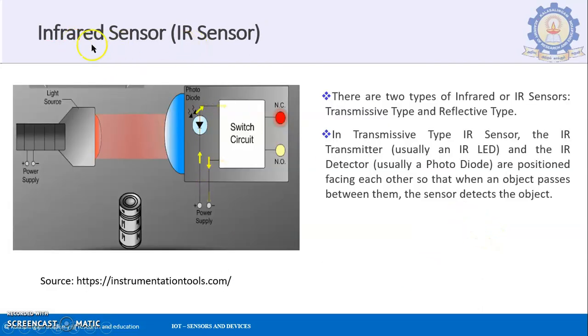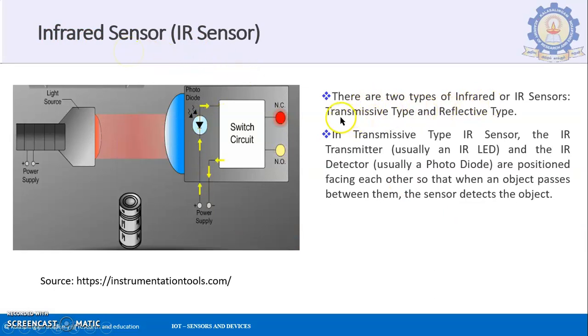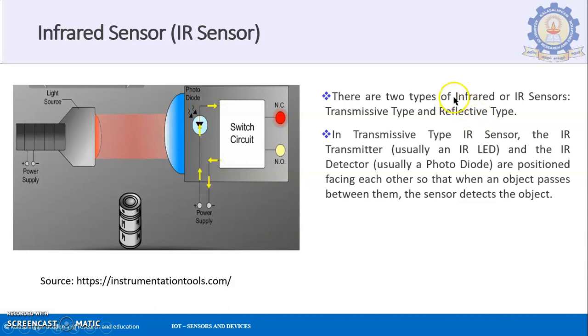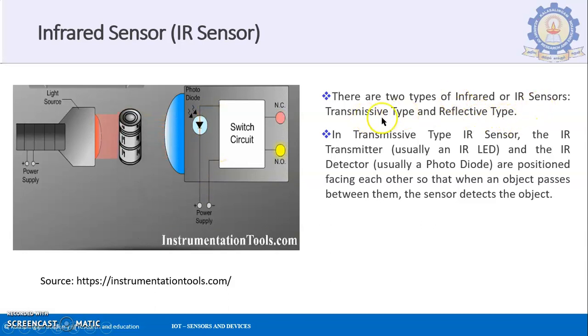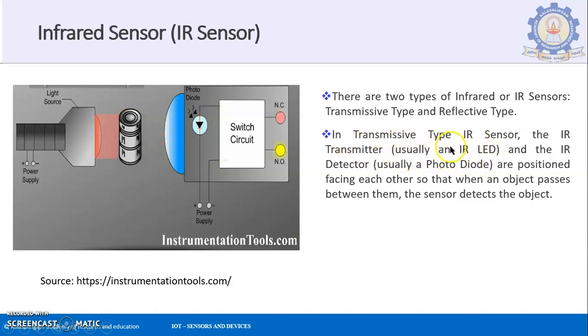And next, we are going to look into what an infrared sensor, or IR sensor, is. There are two types of infrared sensors, the transmissive type and the reflective type. We saw that in the diagram earlier in the first video. In the transmissive type IR sensor, an IR transmitter, usually an infrared LED, is available, and the IR detector is usually a photodiode.